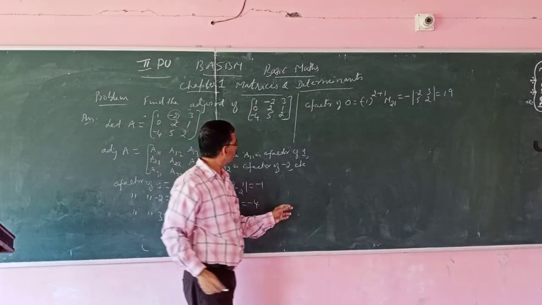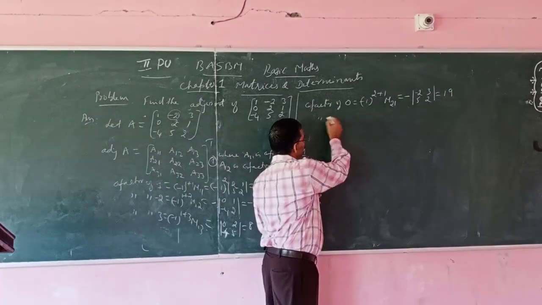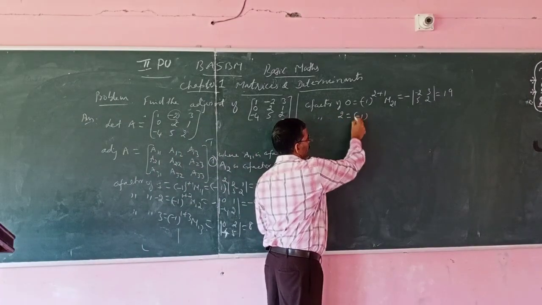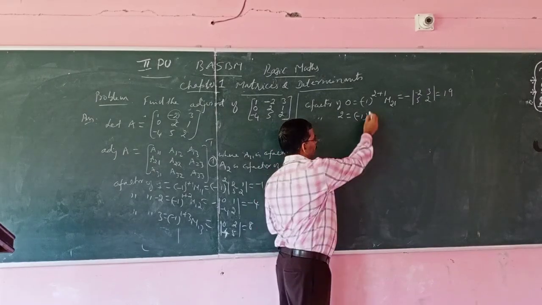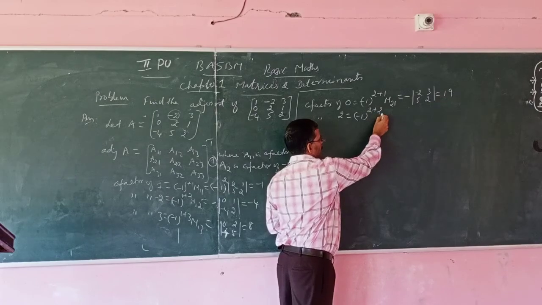Next one, cofactor of 2 equal to minus 1 to the power 2 plus 2, second row second column, m22.